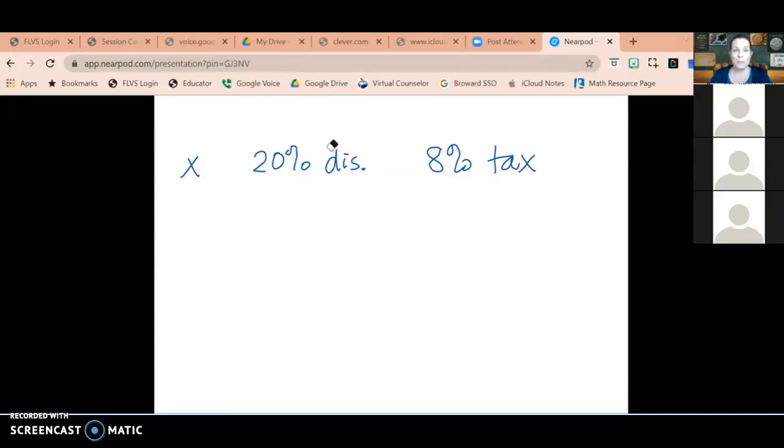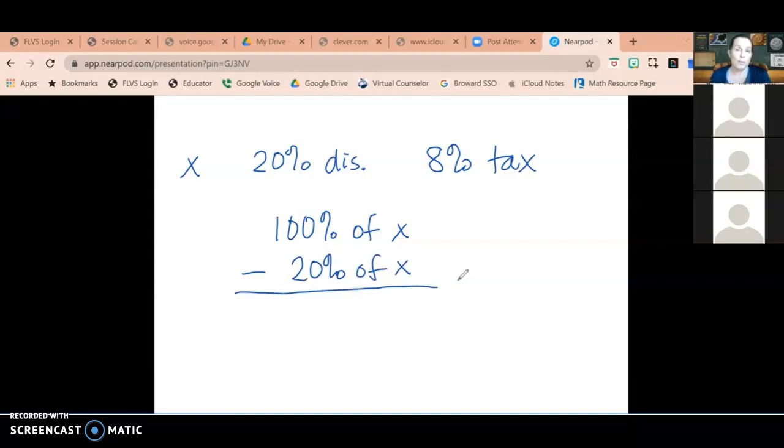If I have to pay 100% of the original price normally, and now I get to take off 20% of the original price, what percent am I left paying? If we take off the percent discount from 100, what's left is what we have to pay.